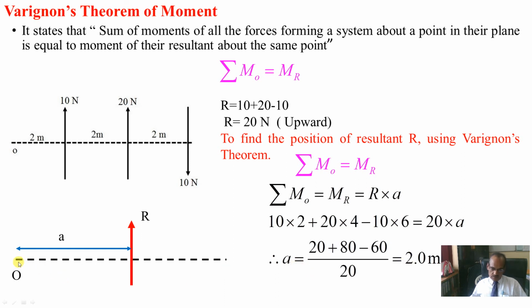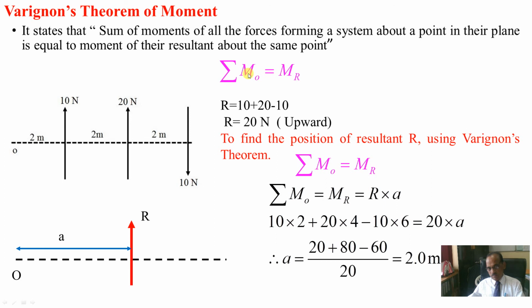Hence the resultant of this force system is 20 Newton upward, acting at a distance of 2 meter from point O. I hope you clearly understand the application of Varignon's theorem.